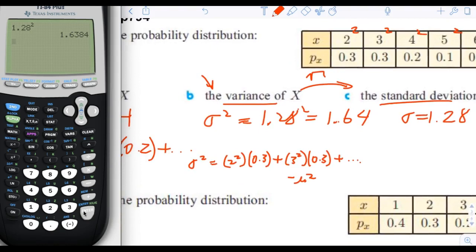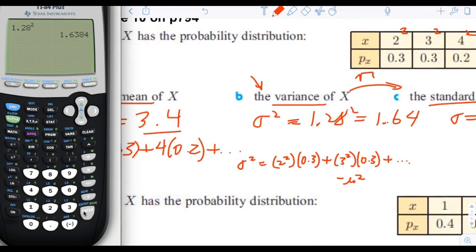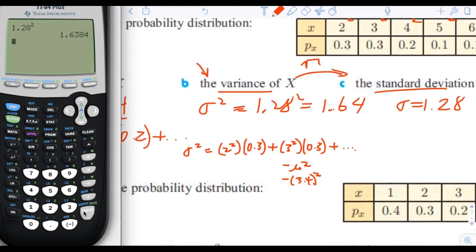And mu you already found in the first part is 3.4, right? So instead of subtract mu squared, you would actually do minus 3.4 squared. And that would give you sigma squared. How would you find sigma itself? You would just take the square root of the result, and that would give you sigma. Okay? So maybe the trickiest part is finding the variance.